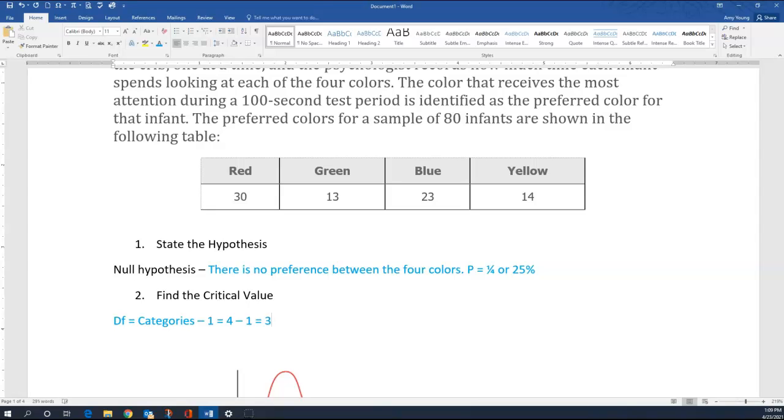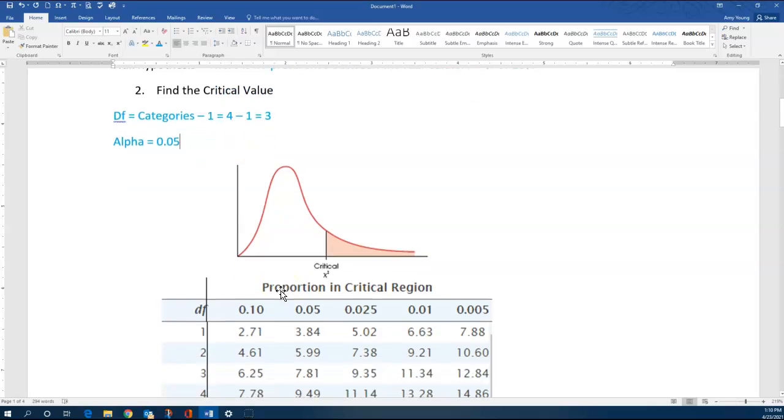The other thing we need in order to do this is our alpha. I didn't say it in the problem, but I'm going to tell you that we're going to use an alpha level of 0.05. I've got a copy of our critical regions for the chi-square here.